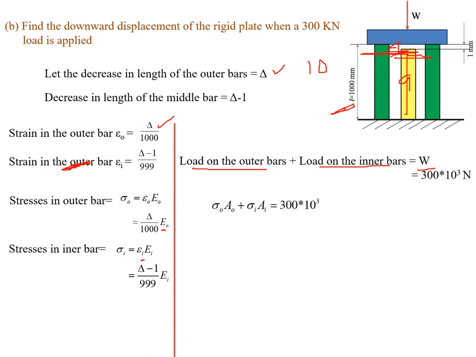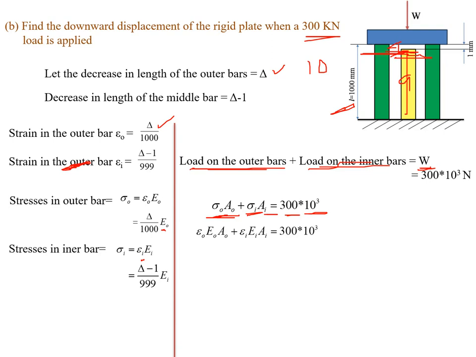So load on the outer bar is sigma naught into A naught, plus load on the inner bar, sigma I into AI, equals the applied load given in the data, 300 kilonewton, so 300 into 10 cube.